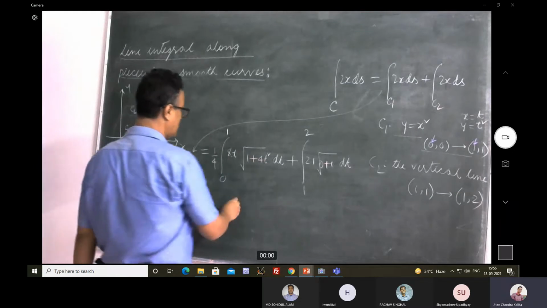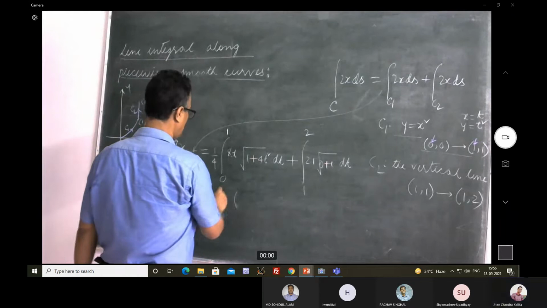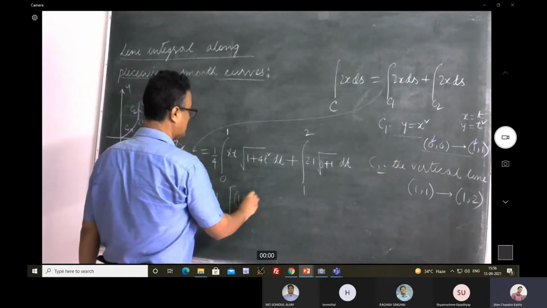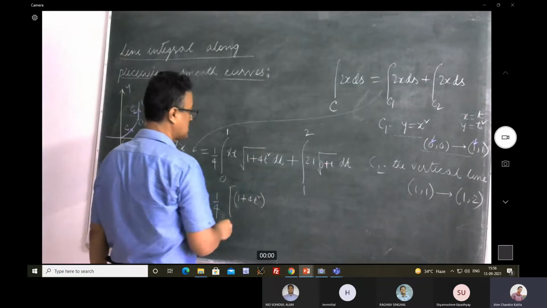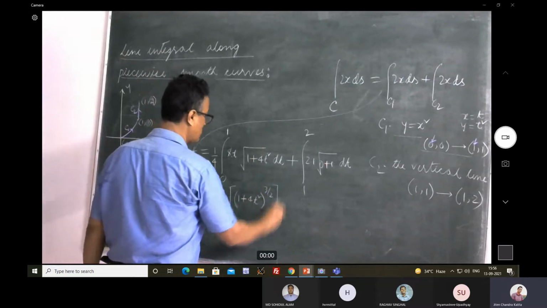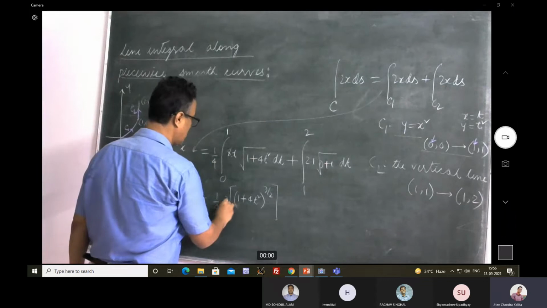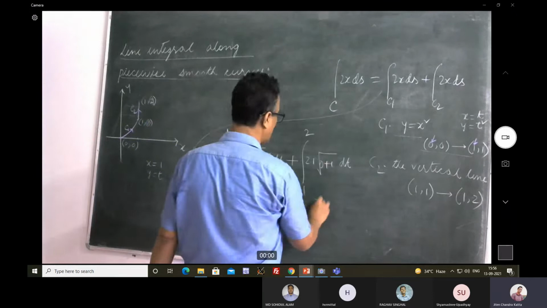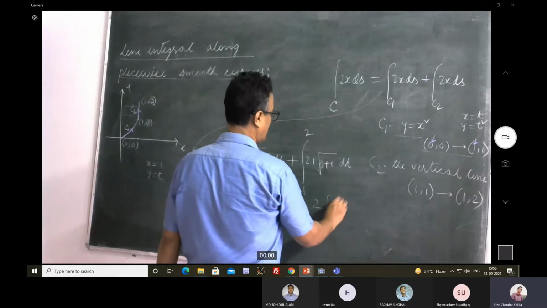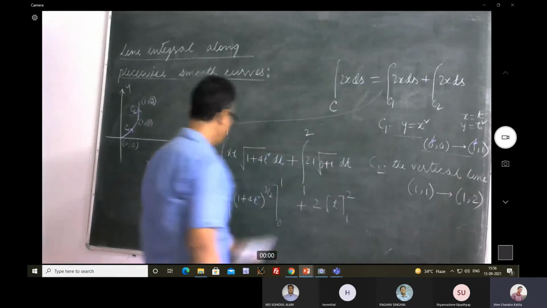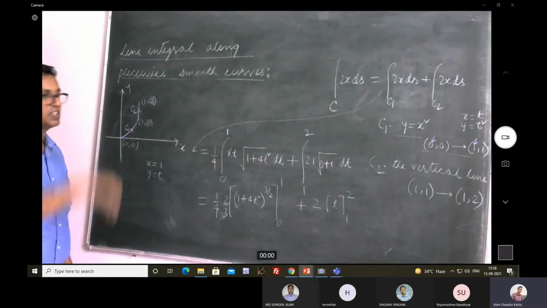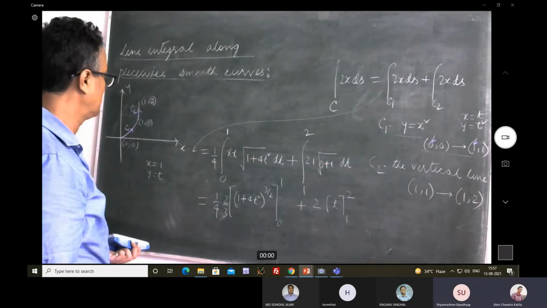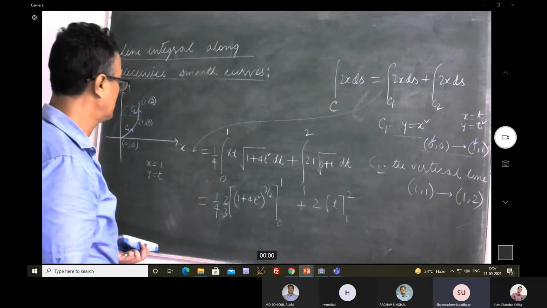Then this is going to be 1 by 4, then (1 plus 4t squared) to the power 3 by 2, and then into 2 by 3, from 0 to 1, and this is simply going to be 2 times t from 1 to 2. You simply plug in these values and you are going to get the answer. That limit is going to be different. 0 to 1 is not the limit.